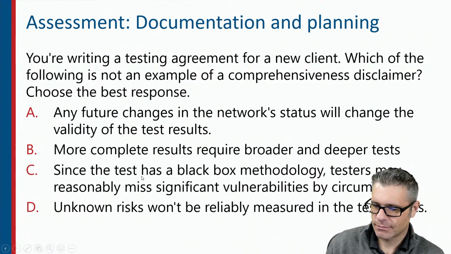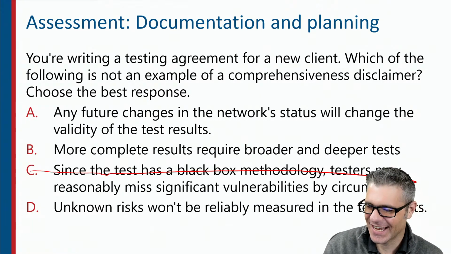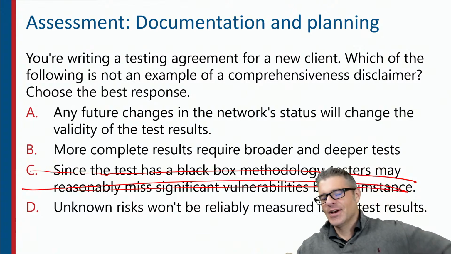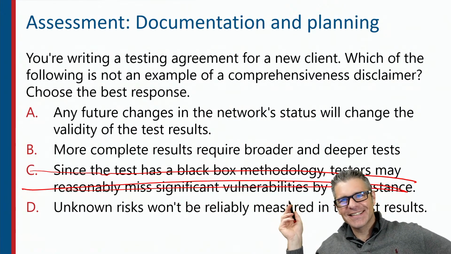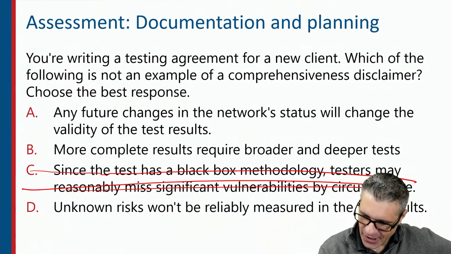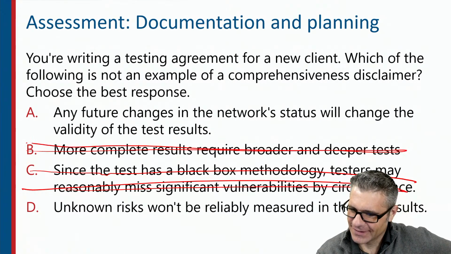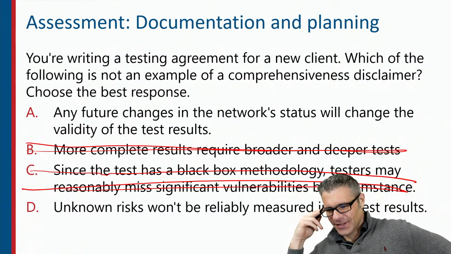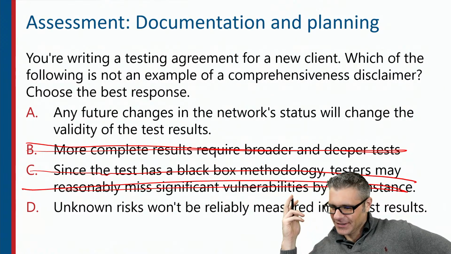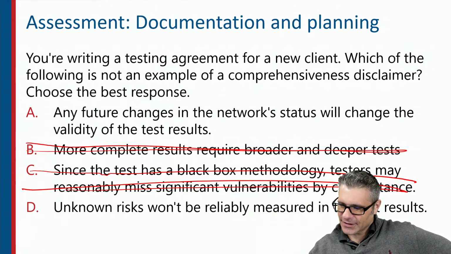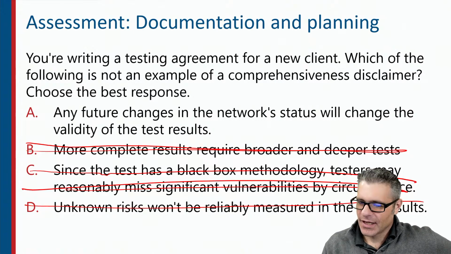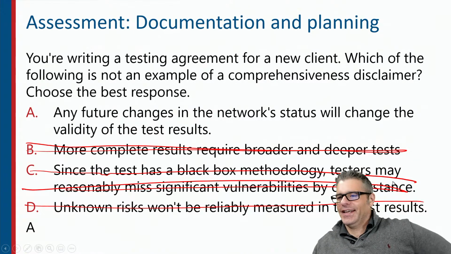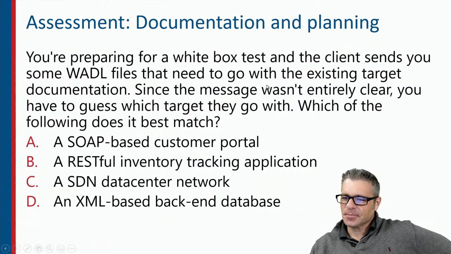What other ones? Well, I was going to say B also is a disclaimer, basically saying that if you want more, then you need a broader test. All right. D talks about unknown risks can't be reliably measured, which would also be a disclaimer. I think that's true. Oh, look at that! Only A is left. Man, you guys are good. You guys are killing it.